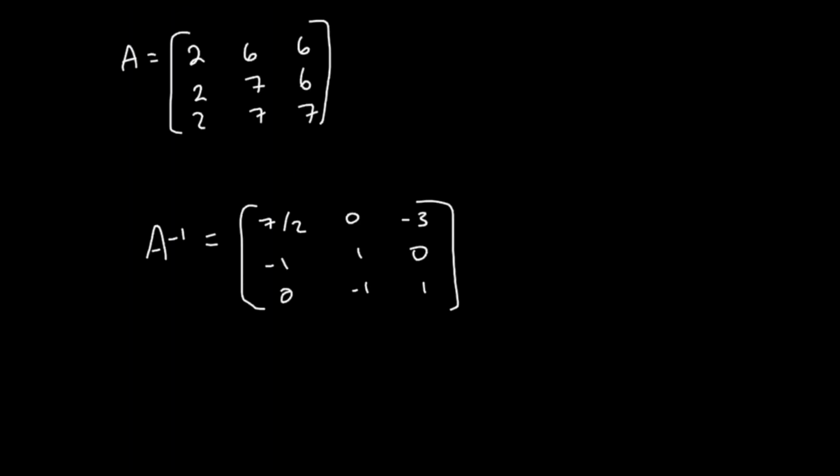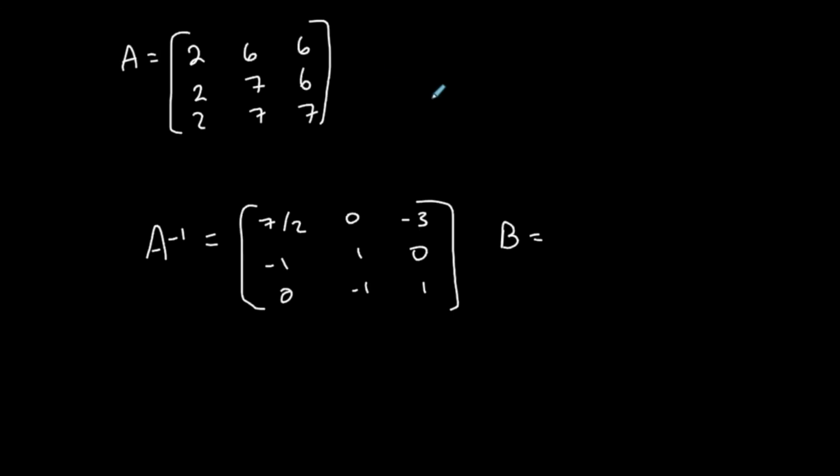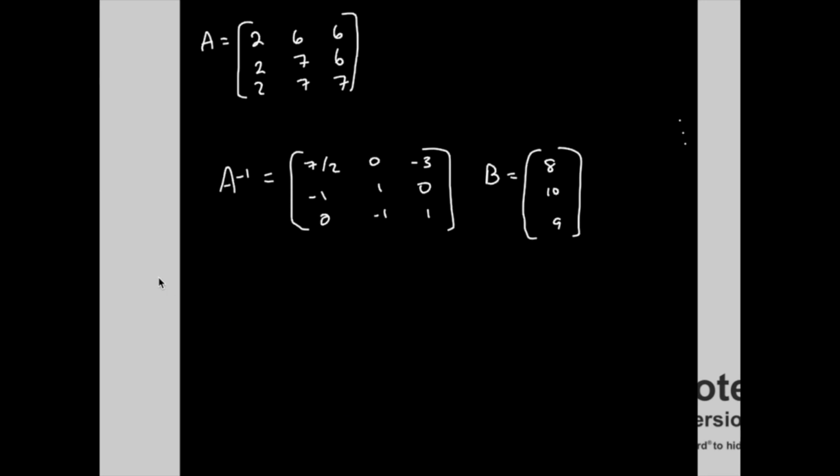Okay, so now we have the inverse of matrix A. Double check, make sure that you copied everything down correctly. And let's copy down matrix B, which was our constant matrix from our equation that we're trying to solve: 8, 10, 9.